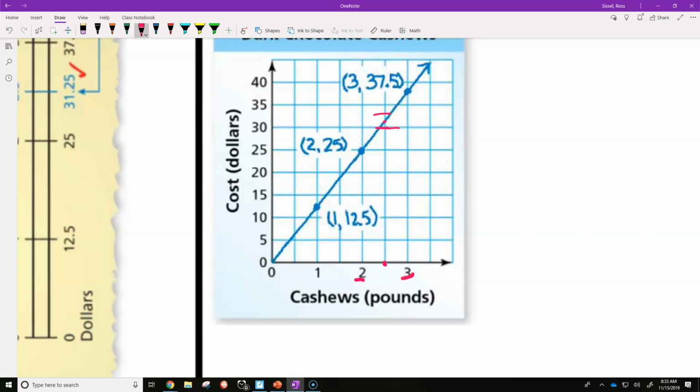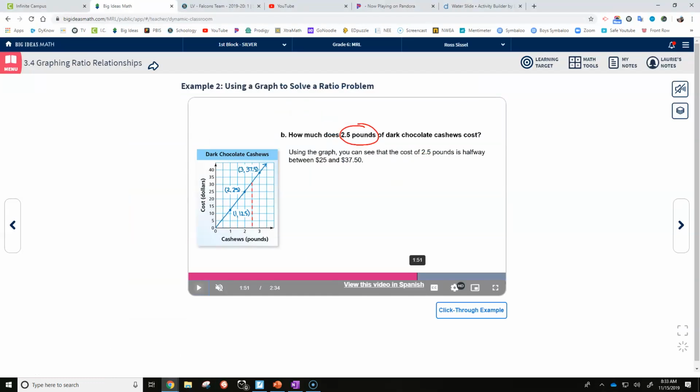That's my estimate. Now, could we find the real answer? Yeah, there's a way we find the real answer. One, we could use a double number line, what they're going to show you. Or two, listen, we did this last time. And let's see if we can finish playing the video. So the cost is halfway between $25 and $37.50.